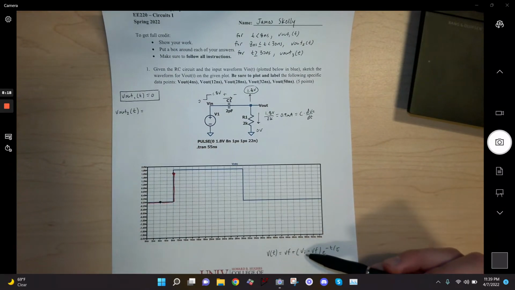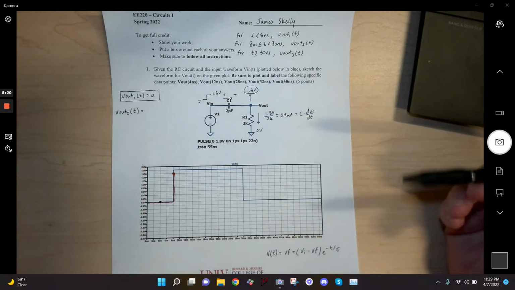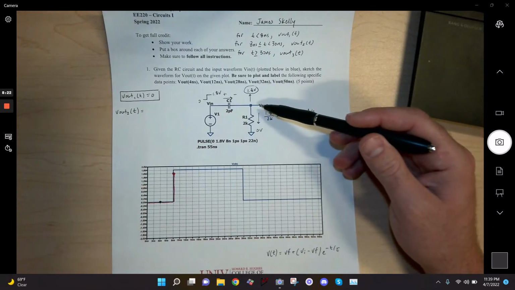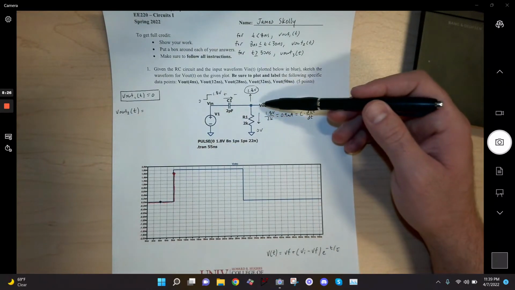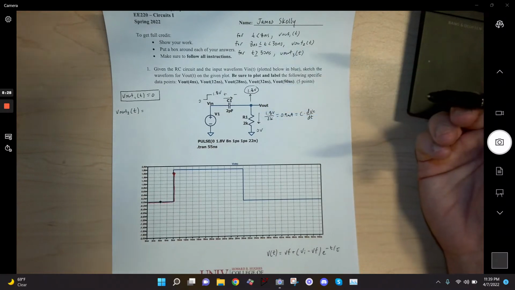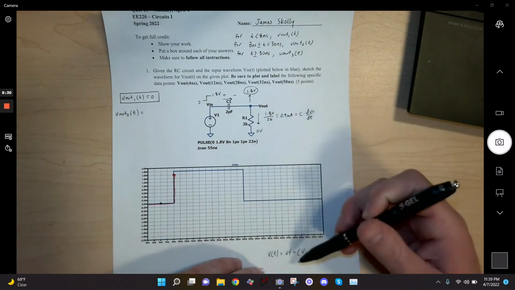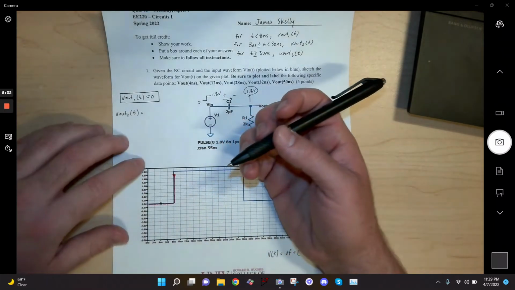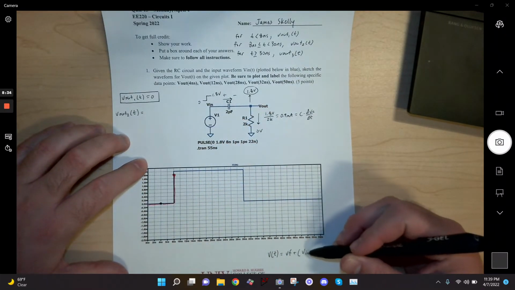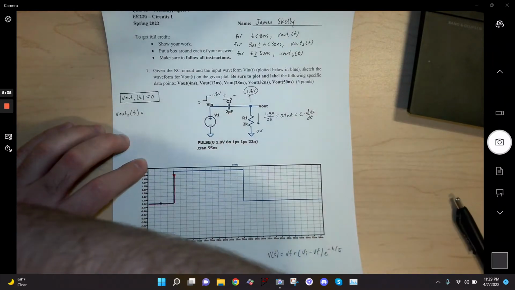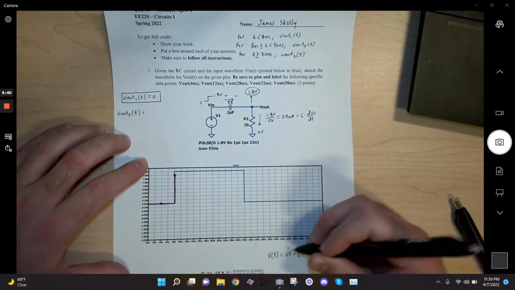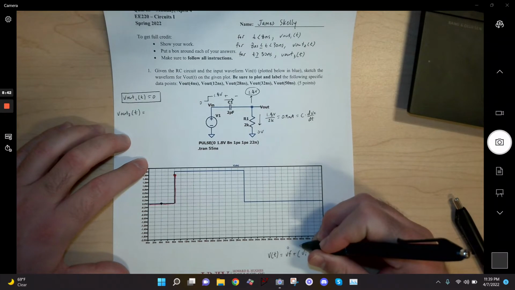My initial voltage is 1.8, and the question is, what does V out eventually go to when there's no current flowing in the circuit? Well, when there's no current flowing in the circuit, V out goes to 0. So my final value is 0, so I can write V final plus V initial minus V final, where V final is 0 and V initial is 1.8.